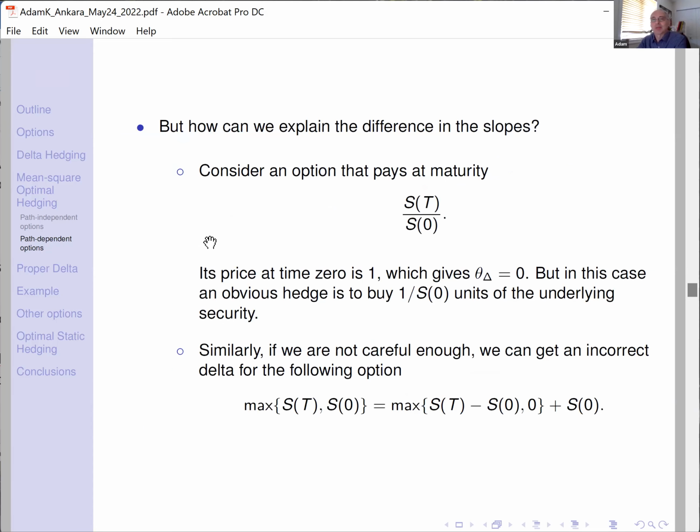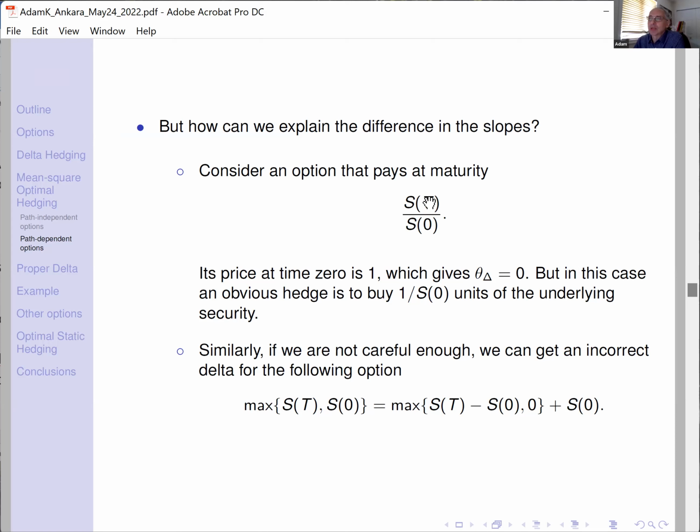So now, how can we explain the difference in the ratio? There are several explanations, and here is one probably quite intuitive. Consider an option that pays at maturity the return. So this is the ratio of the terminal value of the underlying divided by the spot price. In a sense, it is a very basic path-dependent option because it depends on the terminal value, but also it depends on the spot price.